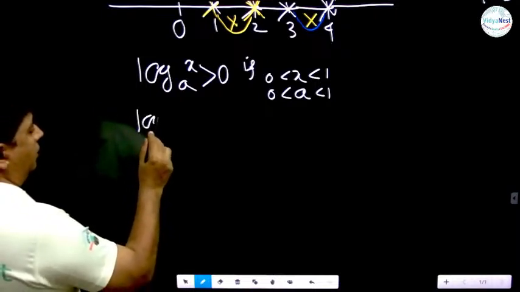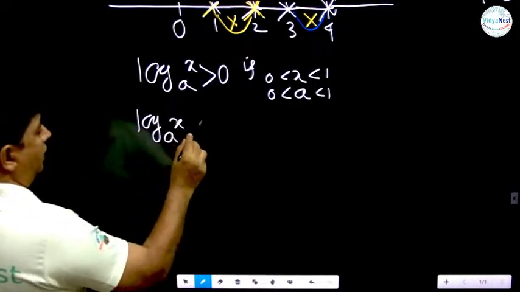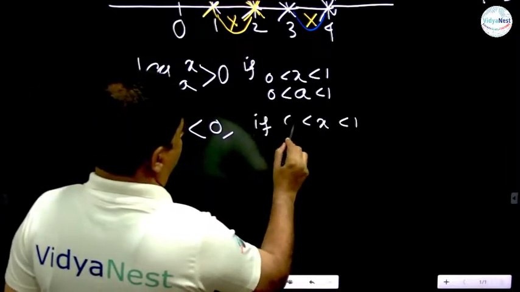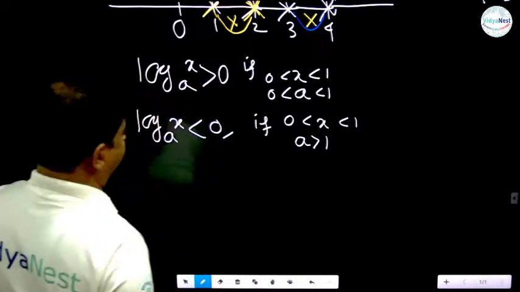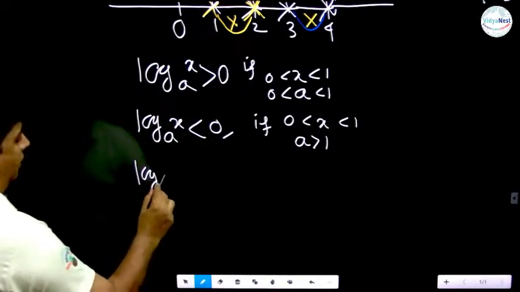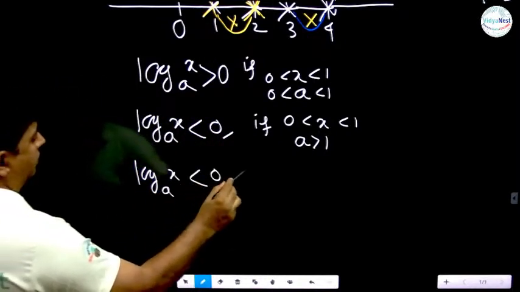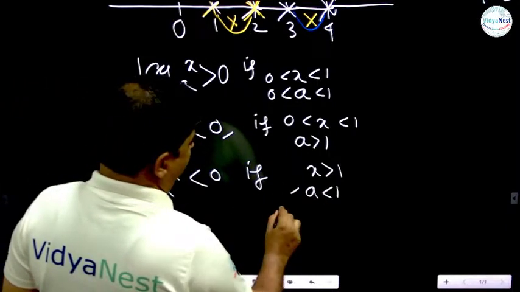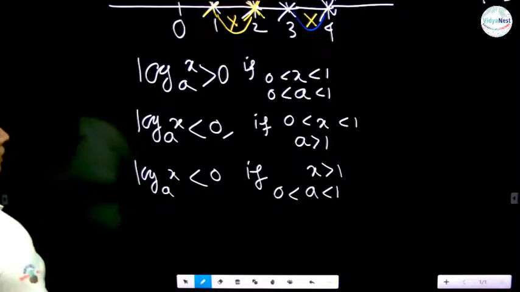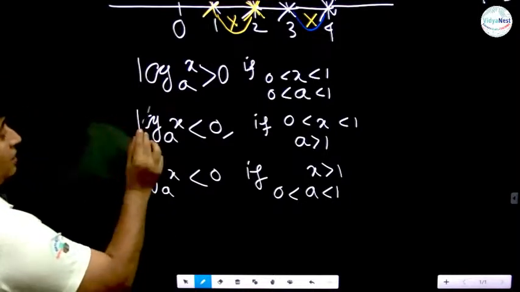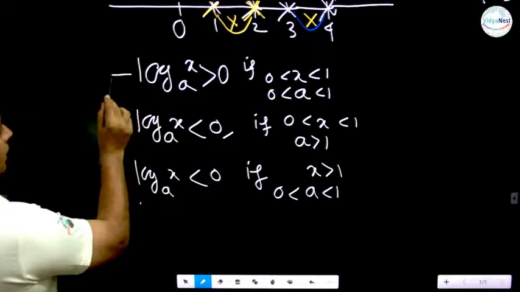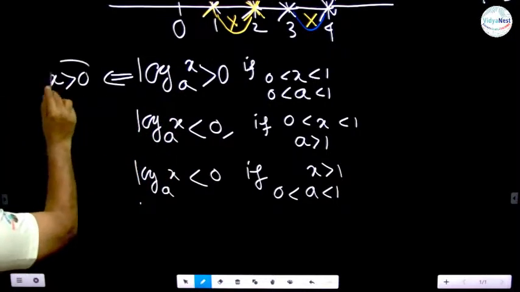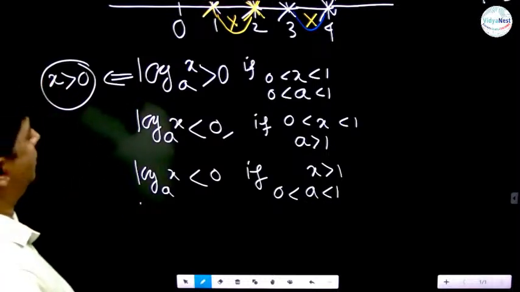But it will be less than 0 if x is a proper fraction but a is an improper fraction, and less than 0 if x is an improper fraction and a is a proper fraction. Always remember that in log, x must be positive. So that inequality also you have to remember.